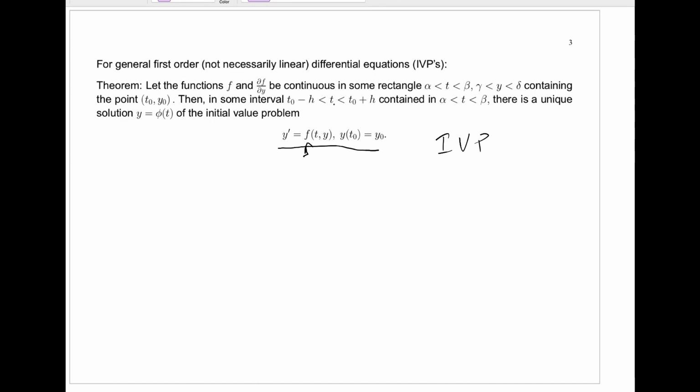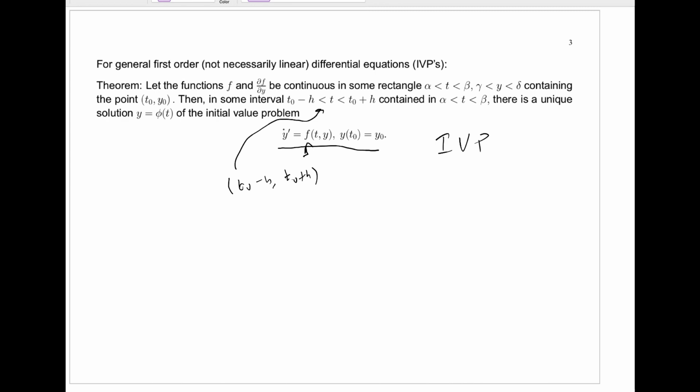Then in some interval centered at t naught, this interval is just an interval of radius h centered at t naught. It's the open interval from t naught minus h to t naught plus h. In some interval contained in this interval from alpha to beta, there has to be a unique solution of the initial value problem.